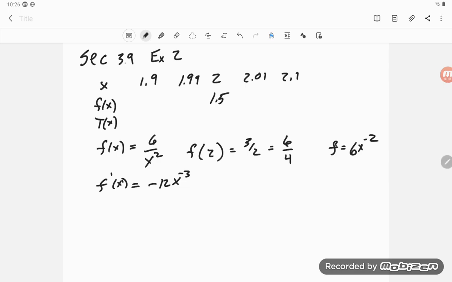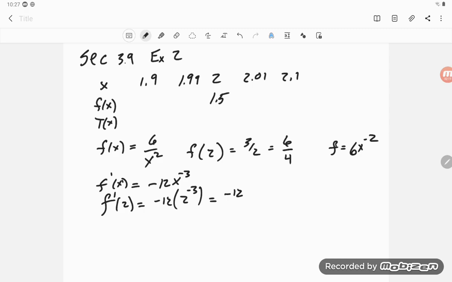For me, the tangent line approximation here could be sort of nasty, but the nice part is we just evaluate this at 2 to create our tangent line. So f prime at 2 is equal to negative 12 times 2 to the negative 3, and that's 1 over 8.